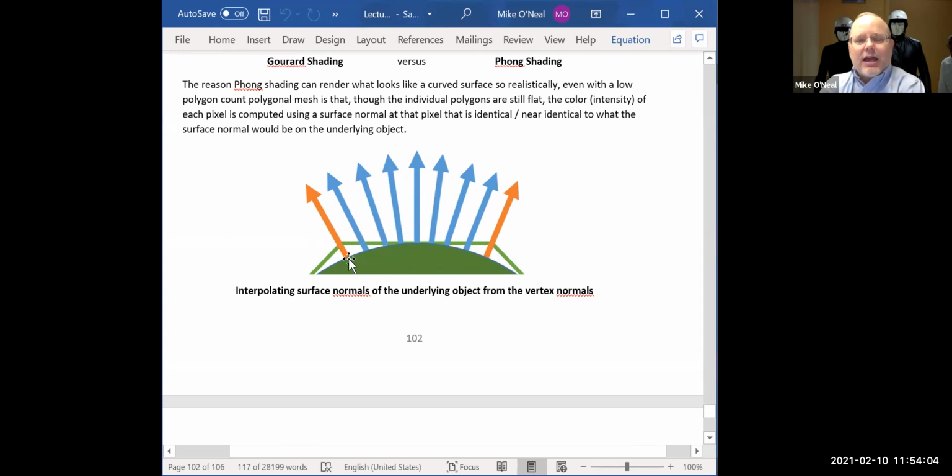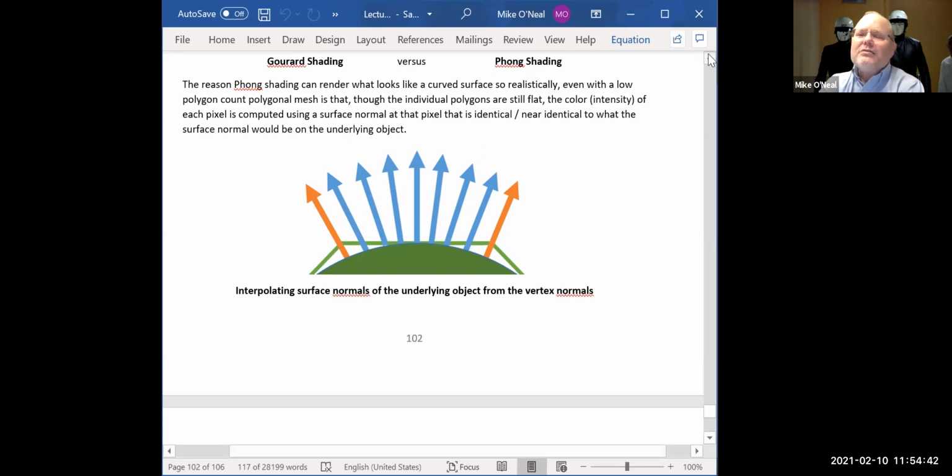Because I've got a sample here, and I've got a sample here, and I assume that the samples will change at some fixed rate, that the curve is smooth. And as long as the curve is smooth, doing a linear or bilinear interpolation of surface normals will mean that every pixel that I'm going to draw, I will have a surface normal that pretty much matches what the surface normal on the actual cylinder was.